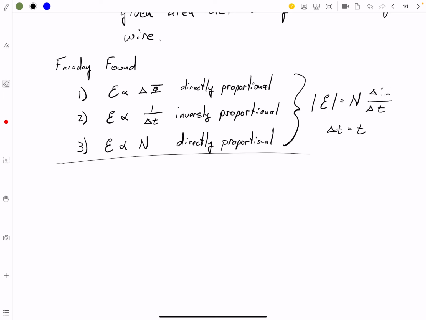And I don't like how I wrote the flux, so let's do that again. Let's just do a little thing on magnetic flux. This is the symbol for magnetic flux. This is capital phi. Lowercase phi looks like this, or sometimes like this. I do it both ways, depending on what I'm looking at.